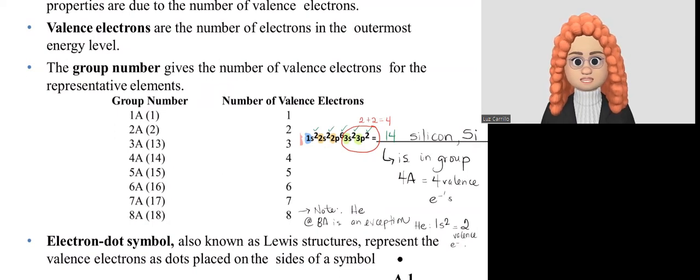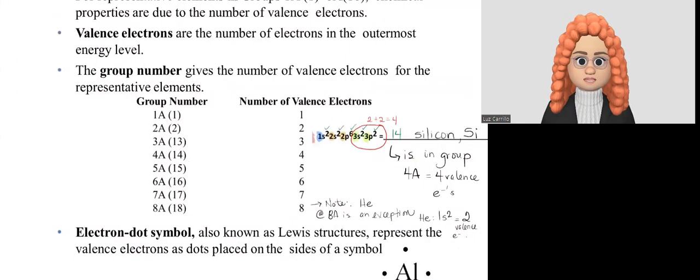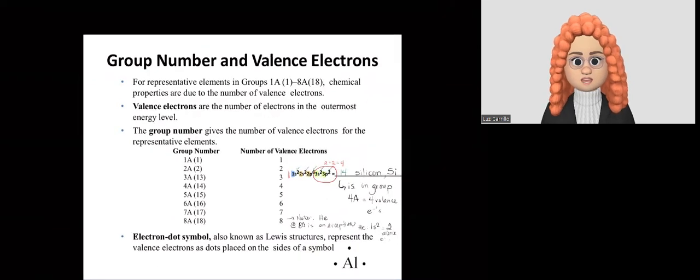Now, these valence electrons are very important. And we're going to see later how the valence electrons are what is transferred between atoms or shared between atoms to make compounds. So for now, understand that the valence electrons of an atom can be represented by dots. An electron dot symbol or a Lewis structure can be utilized to represent those electrons.